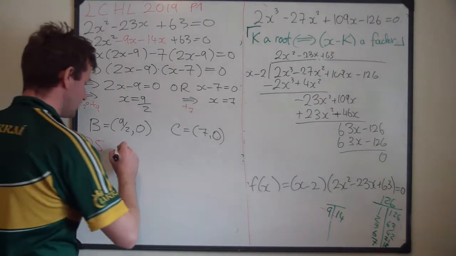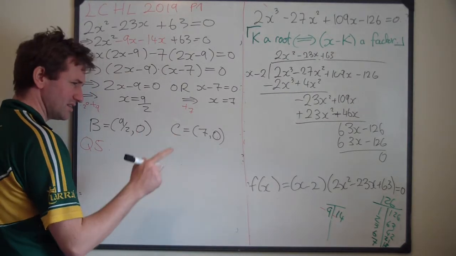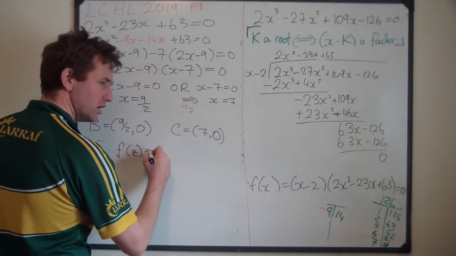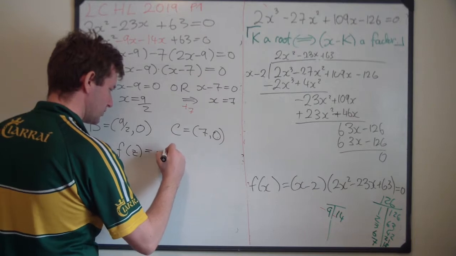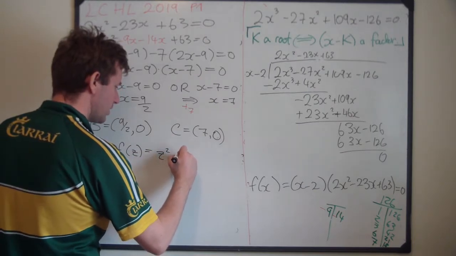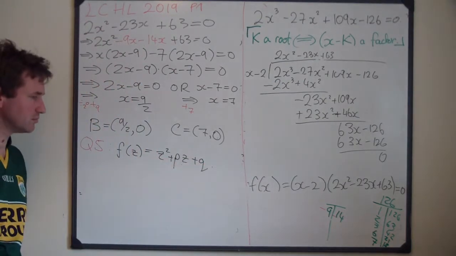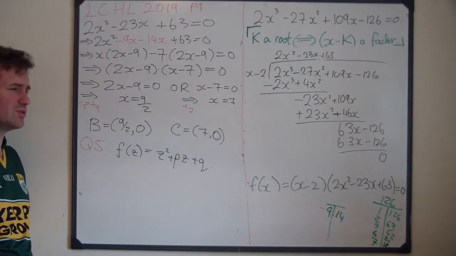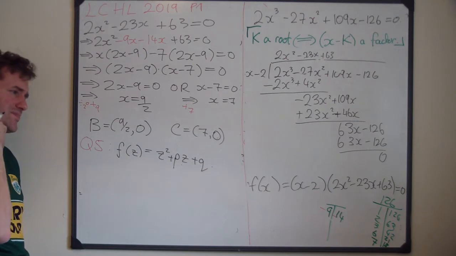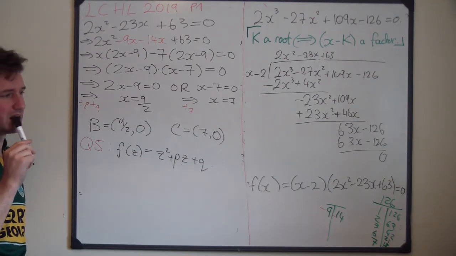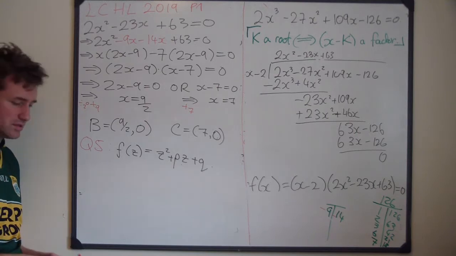Okay, so I'm going to write down, not like they do it, I don't really like what they do. So they've got a function f of z equal to z squared plus pz plus q. So p and q are real numbers, and we know that 3 plus 2i is a root of this. So I will just look at some approaches to this.